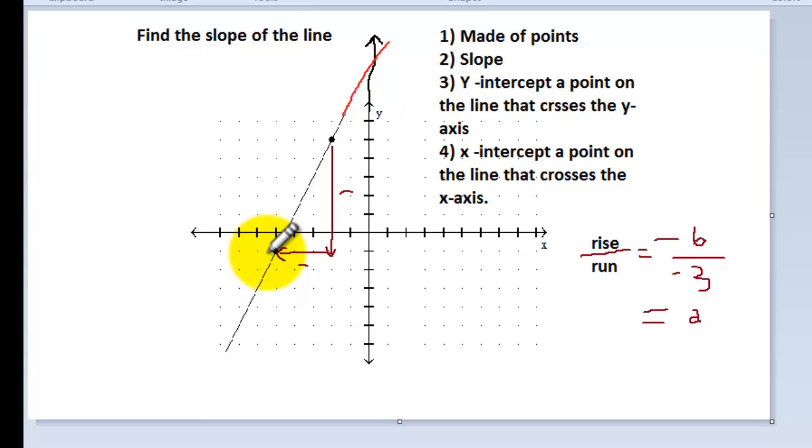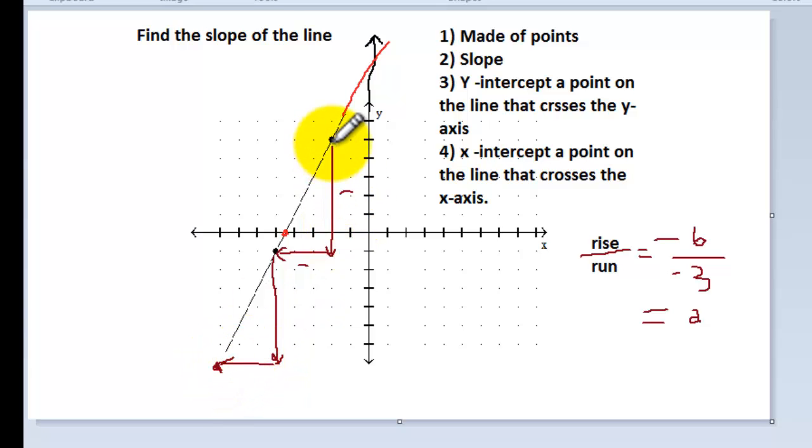Now the good thing about slope is you can keep finding more points on the line. I can continue this pattern. I can go 1, 2, 3, 4, 5, 6, and then over 1, 2, 3, and that will put me on the line again. It's just another point. So I went down 6 again to make a triangle, and I went over 3.